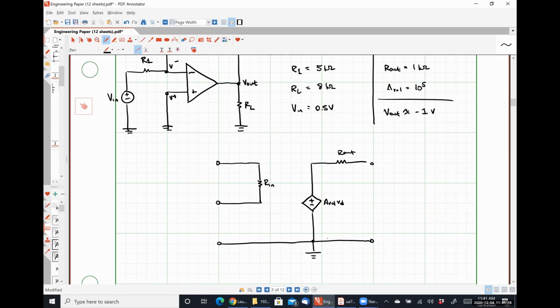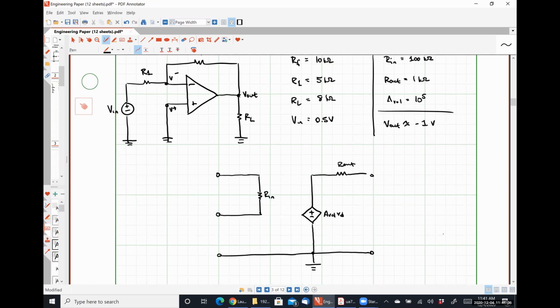So let's start with something simple. Where should I put my load resistor? So the load resistor, we can see RL, or maybe it'll be easier if I do it this way, is between the output terminal and ground, right?